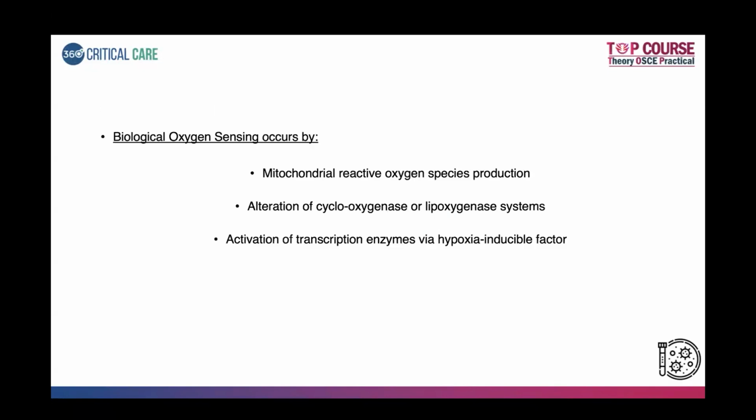The biological oxygen sensing occurs because there is inadequate oxygenation, that is, the gas exchange is inadequate in that lung unit to the vascular cell. There is going to be mitochondrial free radical production, that is reactive oxygen species production, because of hypoxia in that lung unit which is devoid of oxygen.